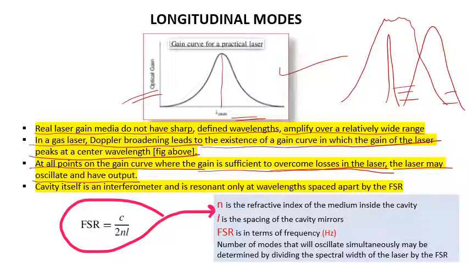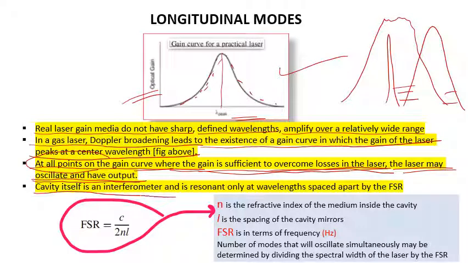We already know that at all points on the gain curve here where the gain is sufficient to overcome losses, the laser may oscillate and have output.